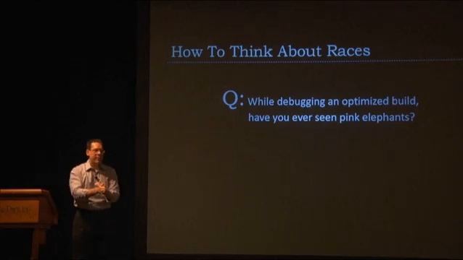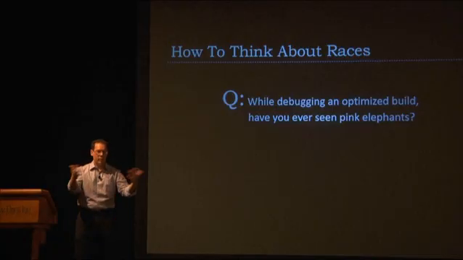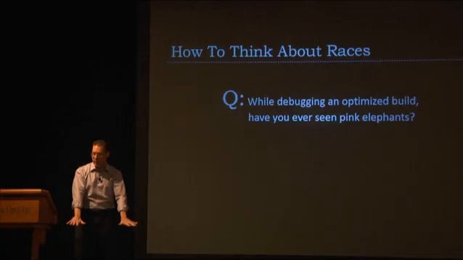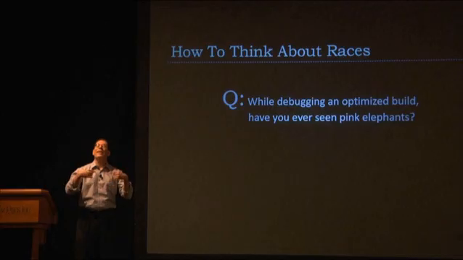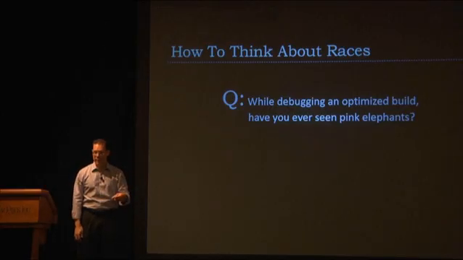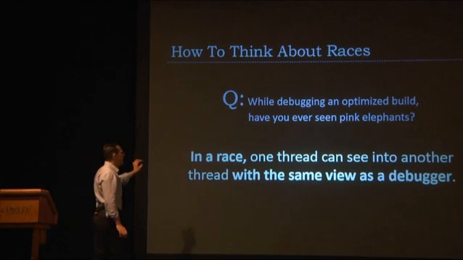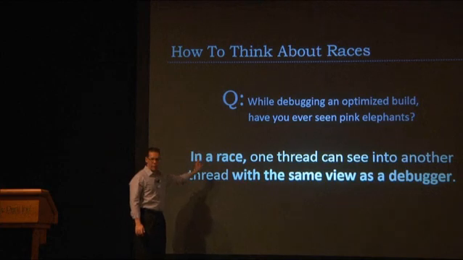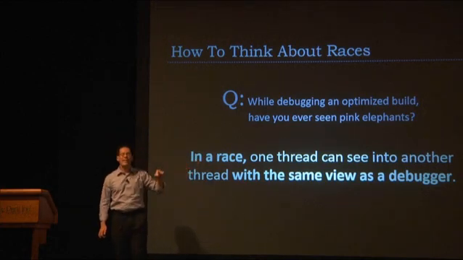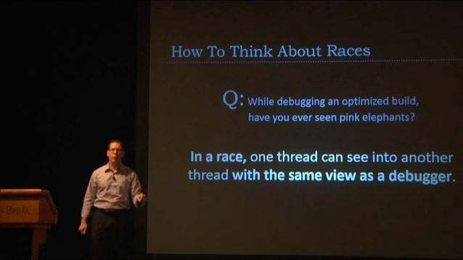Why do you get to see this? The program that you run, as long as it doesn't have bugs, gives the same result either way. It's only if you're in a debugger that you can see these pink elephants. What does this have to do with race conditions? If you write a race condition, one thread can see into another thread with the same view as a debugger.